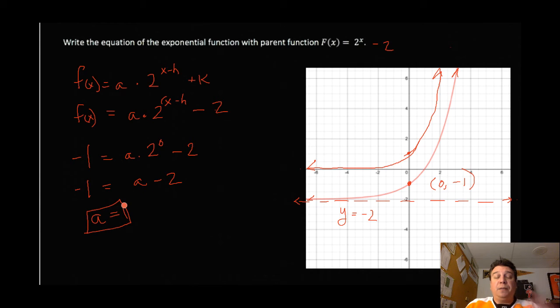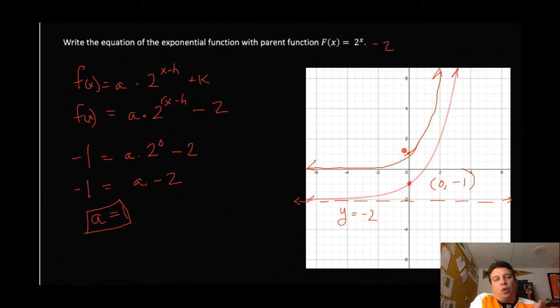The nice thing about this is that with a left-right shift, you don't have to worry about it. The easiest way to explain this is that if I subtract 1 from the x value, yes, it's going to move the graph left or right, but that can actually be taken care of in a.